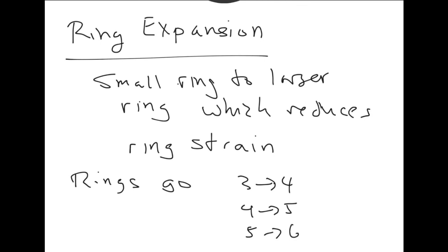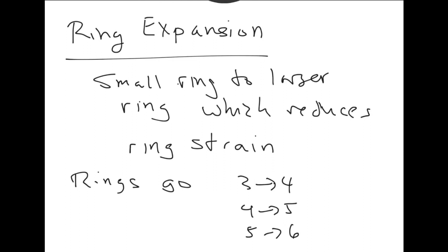We don't expand 6-membered rings because we've set 6-membered rings to have 0 strain. So there's no driving force for that 6-membered ring to try to get bigger because it's already the most stable ring that we can make. So we go 3 to 4, 4 to 5, or 5 to 6. At 6, we stop, we don't expand anymore.